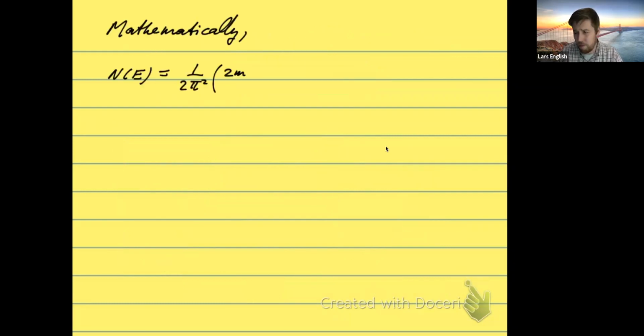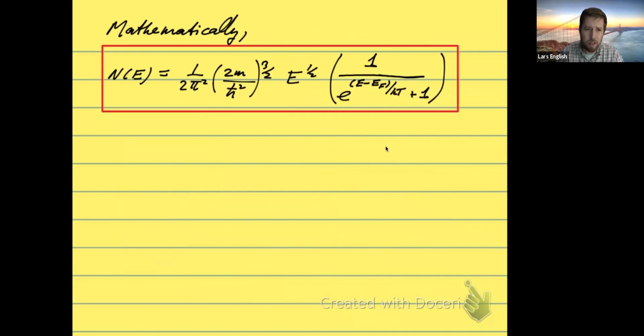And we can even very easily find the mathematical expression that goes along with this population density. I'm just multiplying the two results from before together. So here's my part that has to do with the density of states. It's proportional to the square root of E, to the 1/2. And then this is the Fermi-Dirac distribution function.